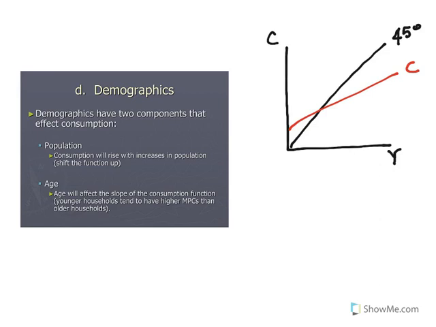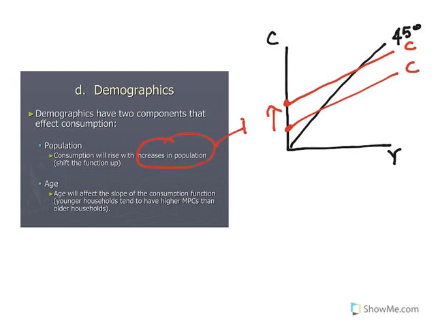Well, of course, if there's more people in society, then there's going to be more consumption taking place, including autonomous consumption. So your consumption function would shift up like so. In other words, autonomous consumption would increase if you had an increase in population.